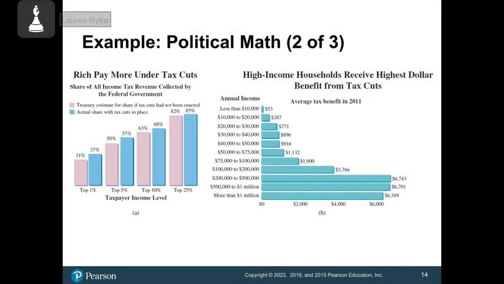As we know, in our government system here, we have taxes and things that happen all the time that they're arguing back and forth. So these two graphs, one shows the rich pay more under tax cuts, and the other graph shows that high income householders actually receive the best benefit from these tax cuts.